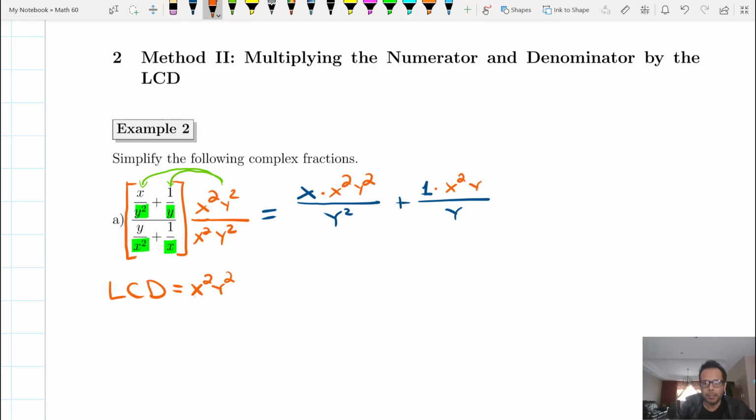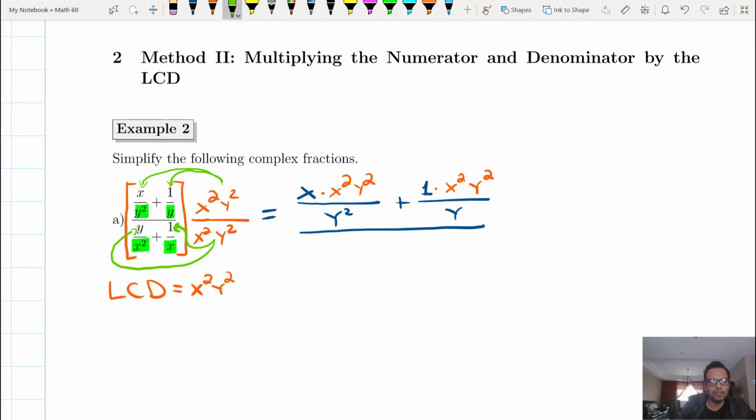Y squared. And let's divide the whole thing by whatever we get from doing the exact same thing we did for the numerator. But now, we are going to multiply x squared y squared with the numerator only of this first fraction in the denominator, and I'm going to do the same with the numerator of the second fraction.